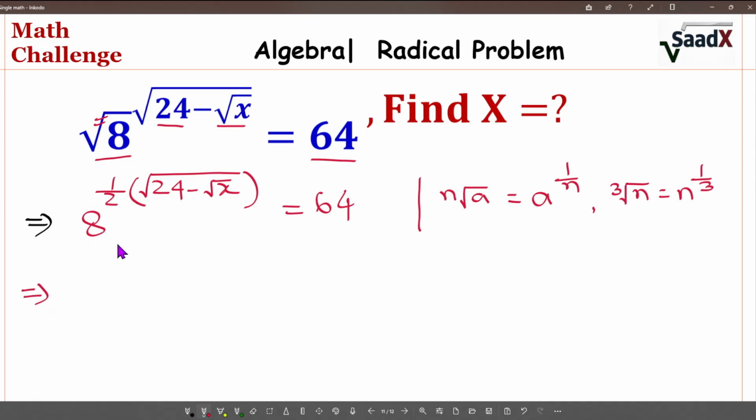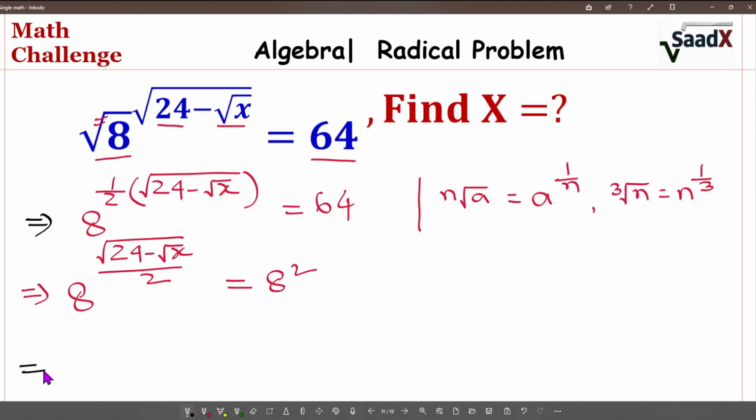Now this 8 will be unchanged and we can write this one root 24 minus root x by 2 equals to this 64, we can write 8 square. Okay.